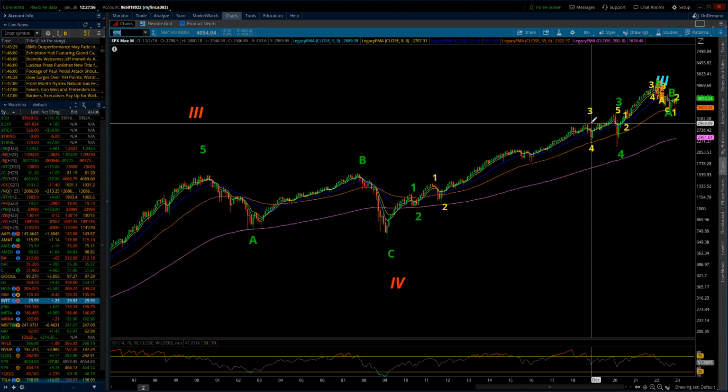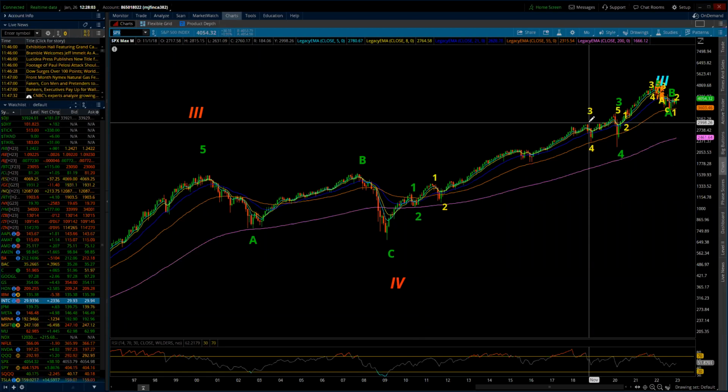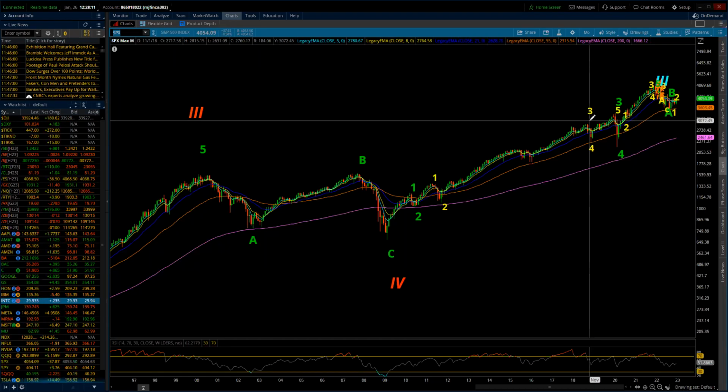But what it cannot be, which would break a rule, is the shortest wave out of 1, 3, and 5. It does not always have to be the longest, it just cannot be the shortest.